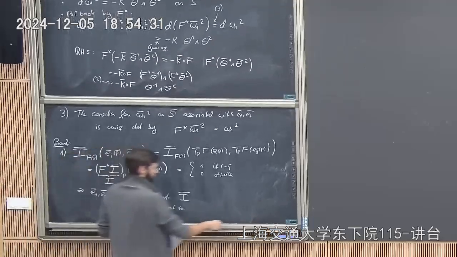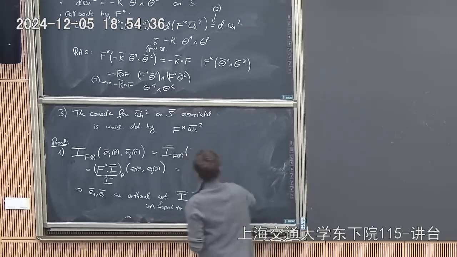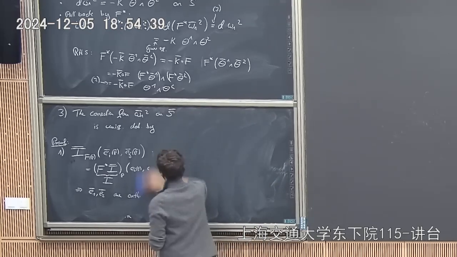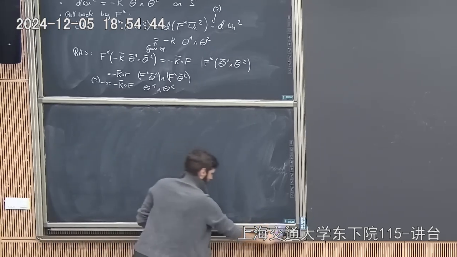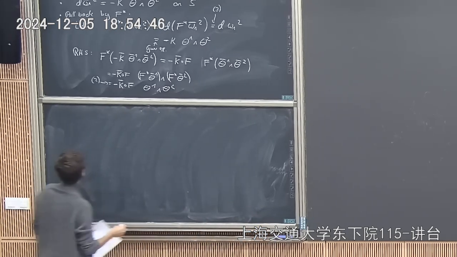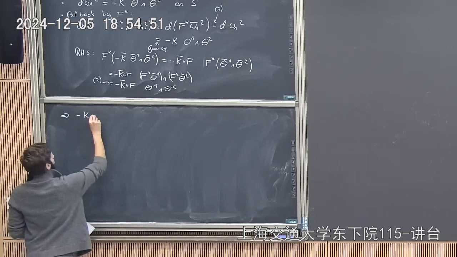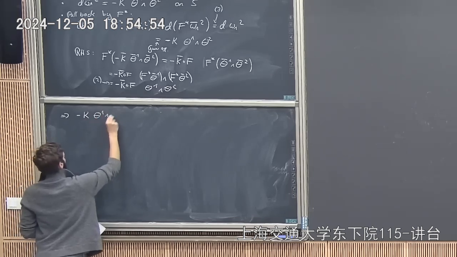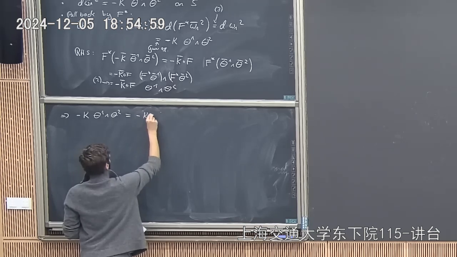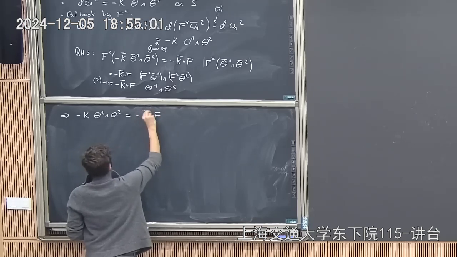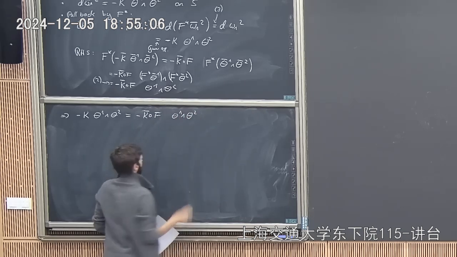So now we calculated the right and the left-hand side in two different ways, and there was equality between them, so we also get equality between what we calculated. The upshot is that minus K theta 1 wedge theta 2 equals minus K bar of F composed with theta 1 wedge theta 2.